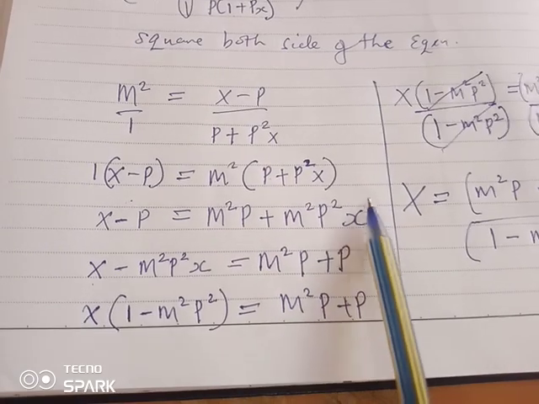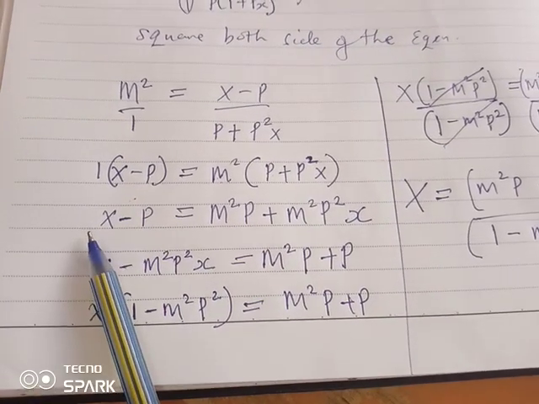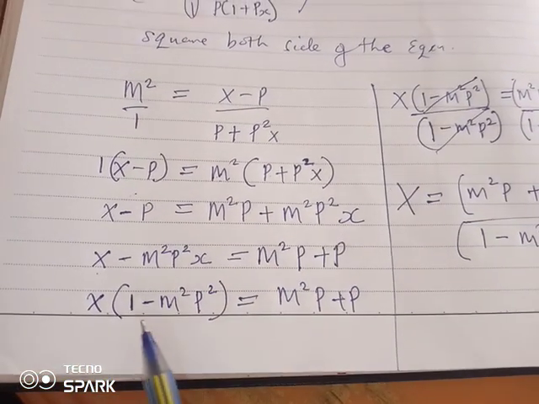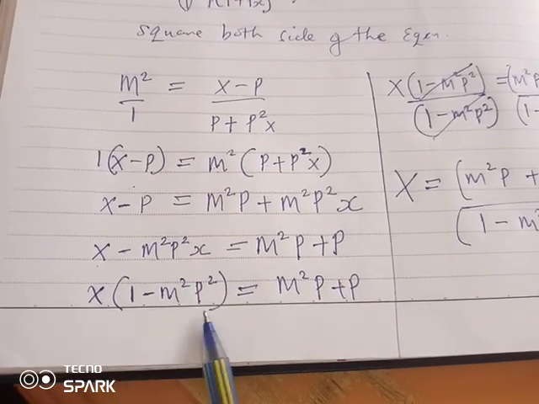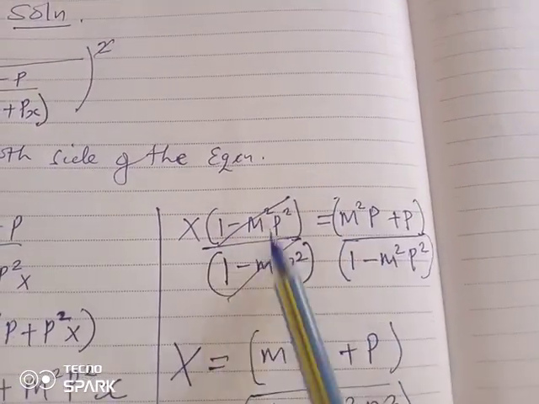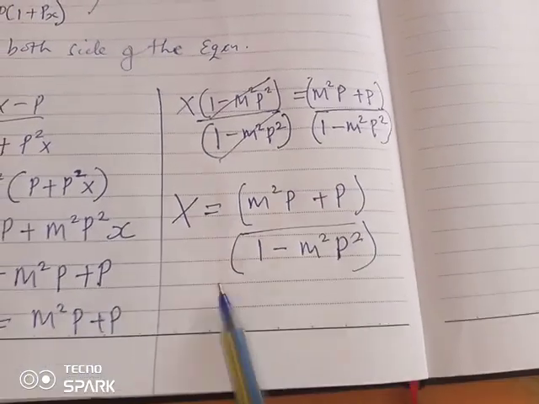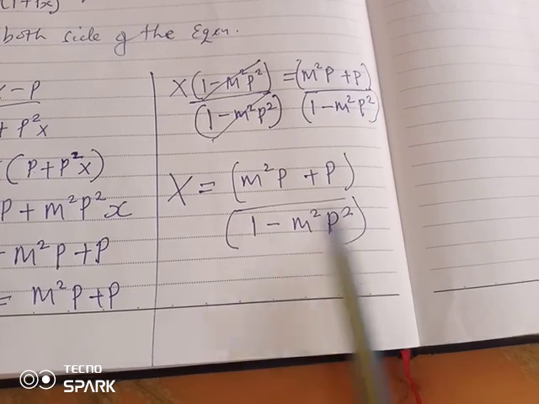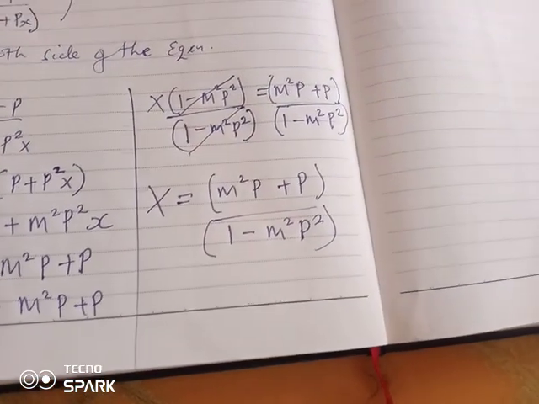So we migrated the factor containing x together as I migrate p to go the other side. So finally we factor out x, and therefore the equation is reduced to, as we can see here, dividing by the factor on both sides, and therefore x becomes m squared p plus p all over 1 minus m squared p squared.